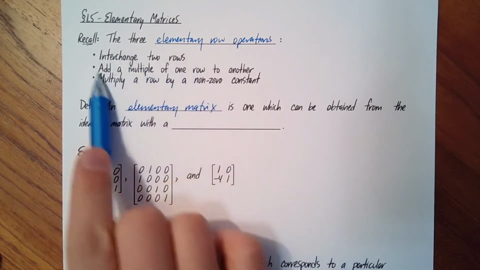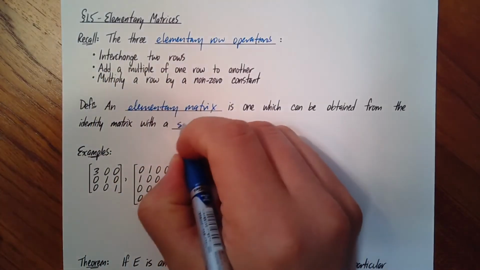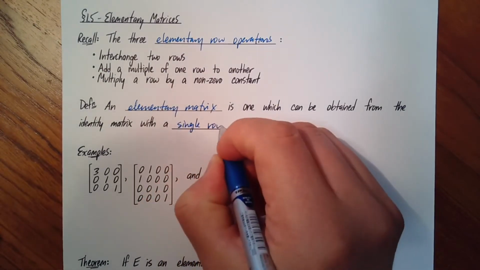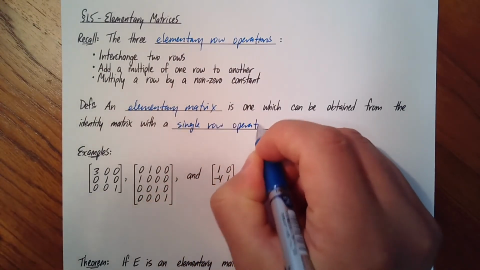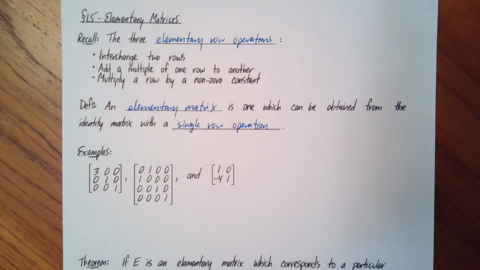So exactly one of these operations. So anything you can get by starting with the identity and doing exactly one elementary row operation upon it, and then whatever your result is, or whatever you can get in that fashion, is called an elementary matrix.